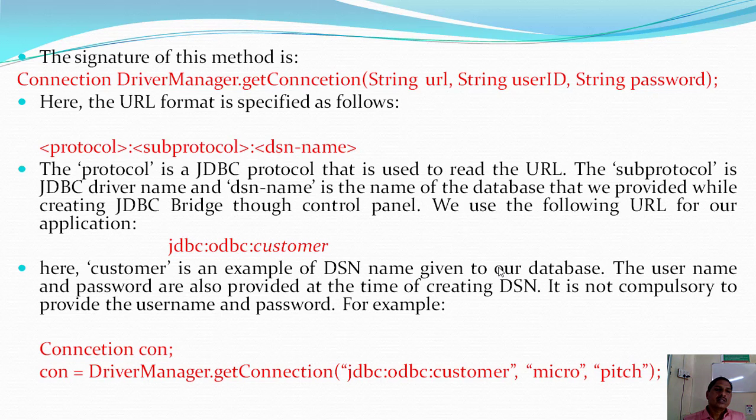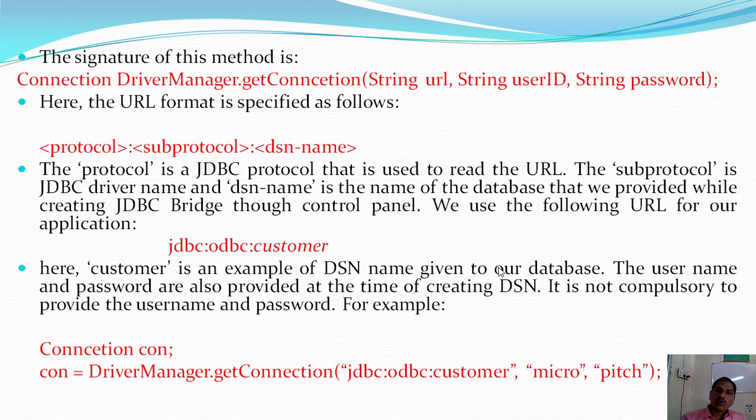This is the format for the URL. The protocol is the JDBC protocol that is used to read the URL. The subprotocol is the JDBC driver name, and the DSN name is the name of the database that we provided while creating the JDBC bridge through the control panel.